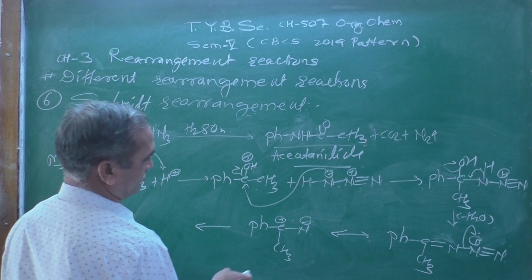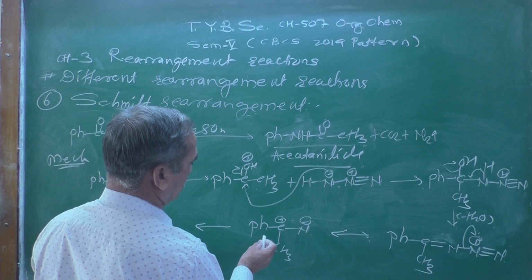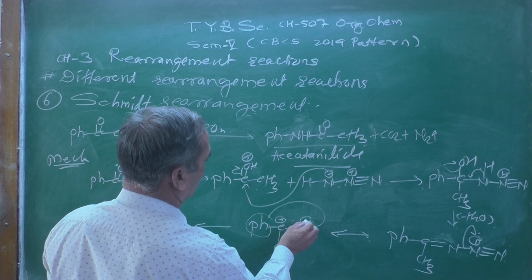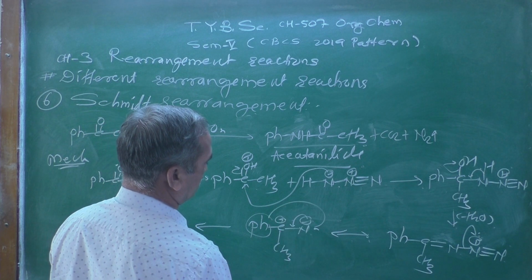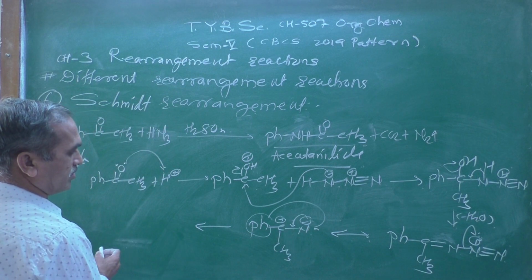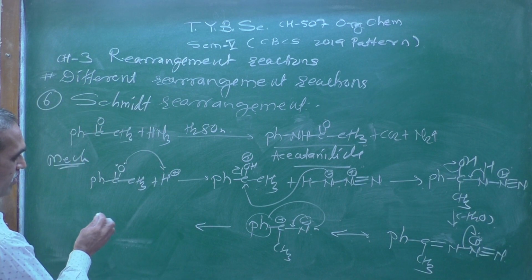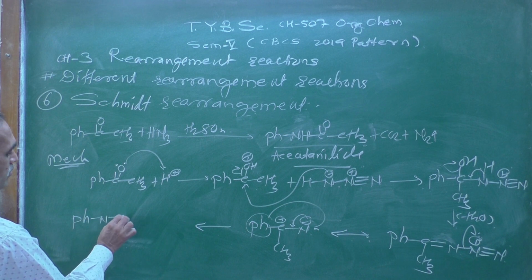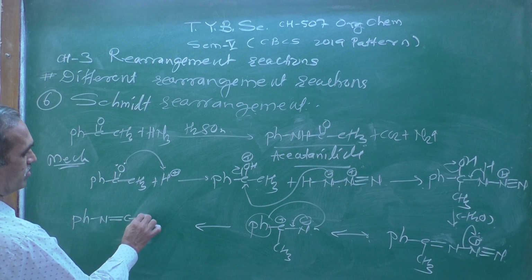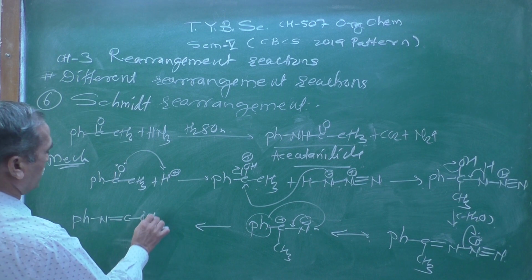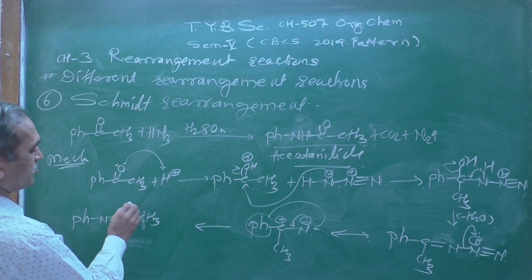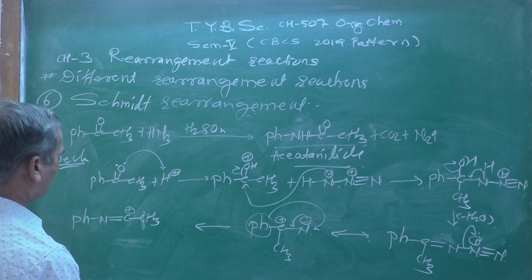Then the phenyl group migrates from here to the nitrogen atom, and this gets neutralized, so that we will be getting PhN double bond C, then CH3, positive charge over here.